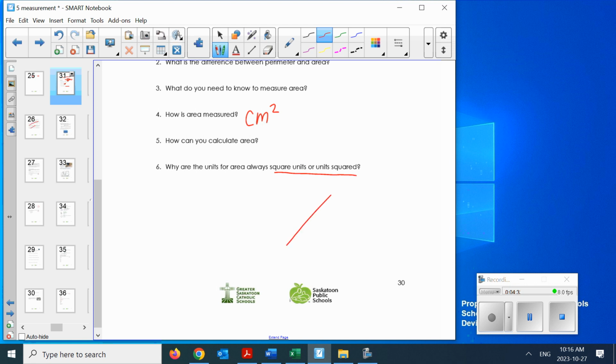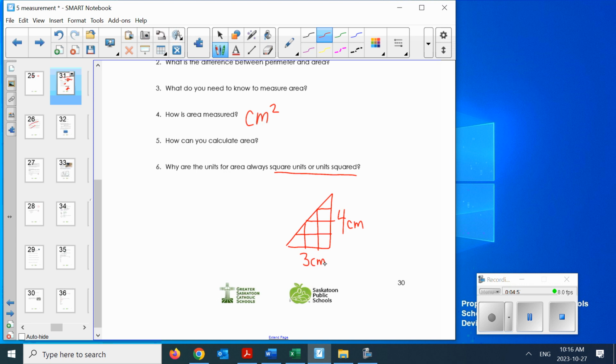Even if it's a triangle, I'm still figuring out how many of these squares can fit in. And it might be decimal squares. Like in this example here, I have something that's 4 centimeters high, 3 centimeters base wide.